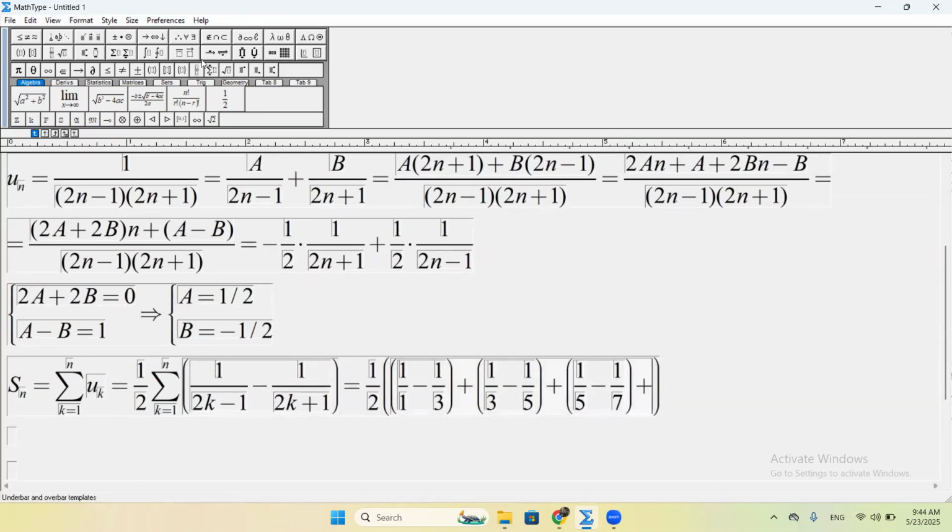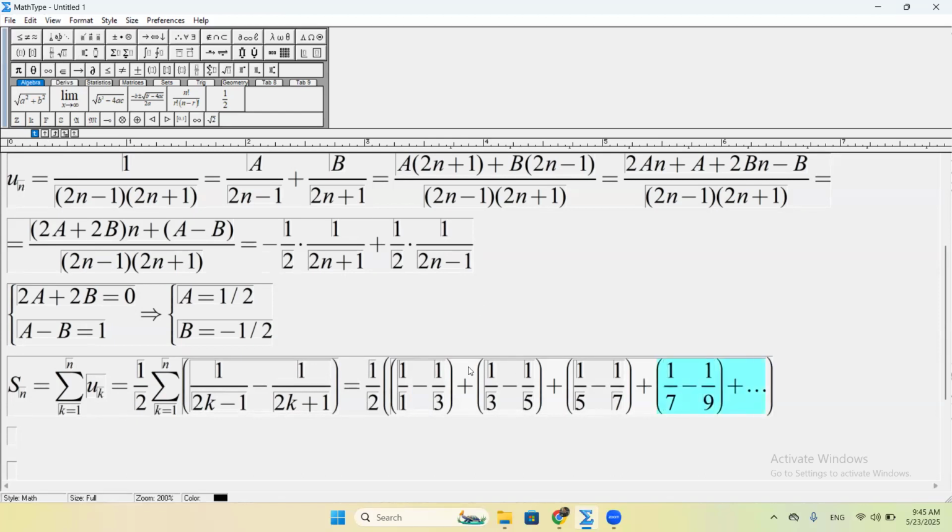Okay, let's write down one more term: 1 over 7 minus 1 over 9. As we can see, some terms are eliminated: minus 1 over 3 plus 1 over 3, minus 1 over 5 plus 1 over 5, minus 1 over 7 plus 1 over 7. And it continues. Then let's continue to n.